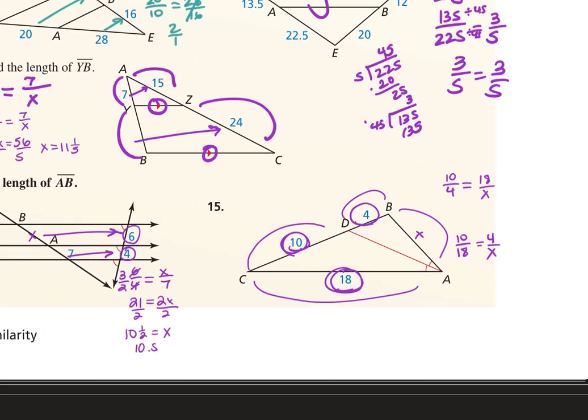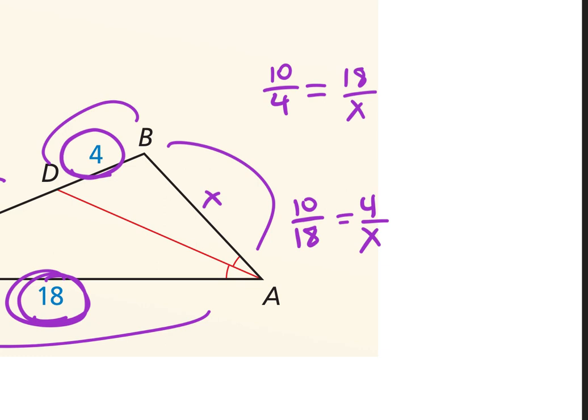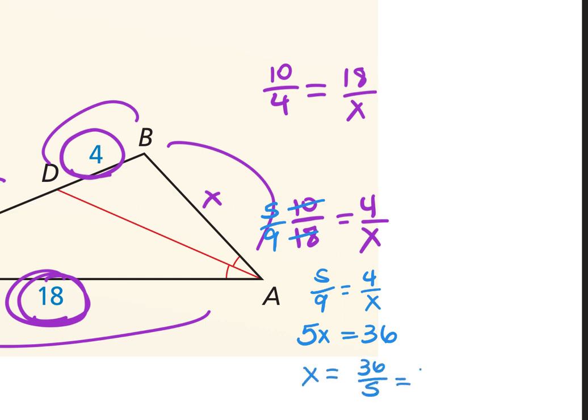They both reduce, so I would say it doesn't really matter which one you pick. Let's say you pick the 10 and 18. This would be 5 and 9. So 5 over 9 would equal 4 over x. 5x would equal 36, and x would equal 36 over 5, which is 7 1/5, or 7.2.